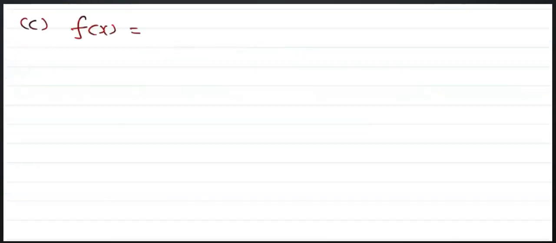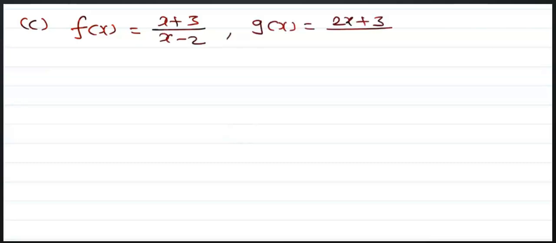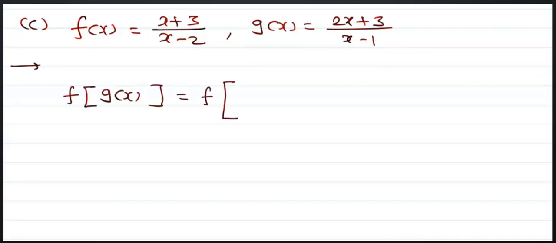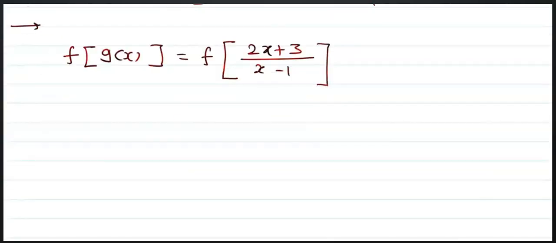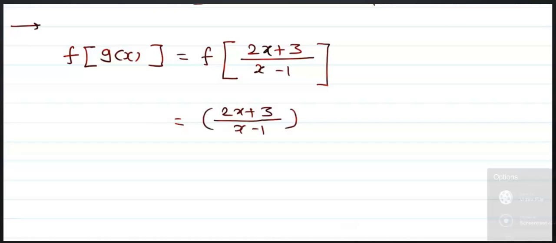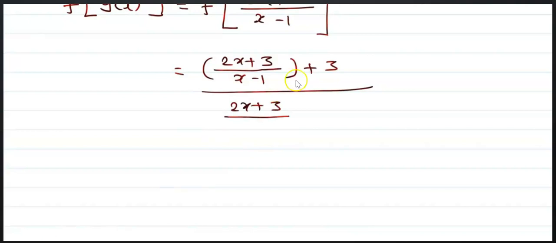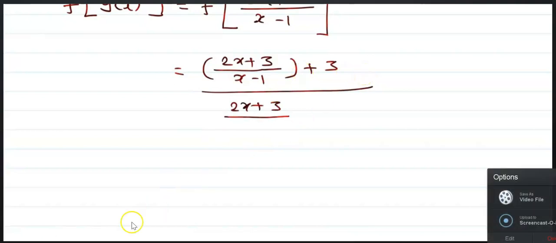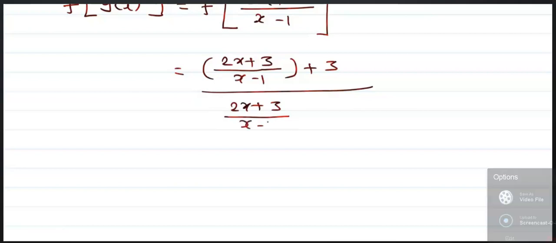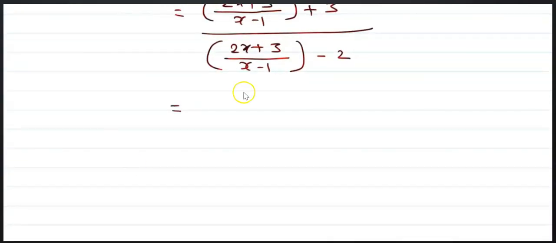Now see, f of x is equal to x plus 3 upon x minus 2, and g of x is equal to 2x plus 3 upon x minus 1. Therefore, f of g of x is equal to f of 2x plus 3 upon x minus 1. Therefore, 2x plus 3 upon x minus 1 plus 3 upon 2x plus 3 upon x minus 1 minus 2.